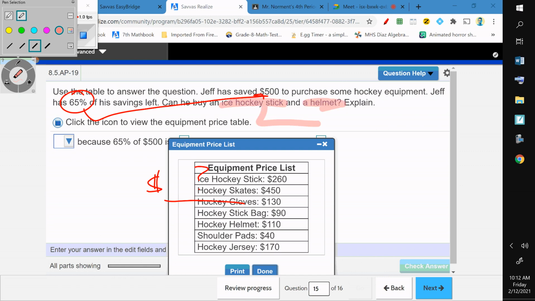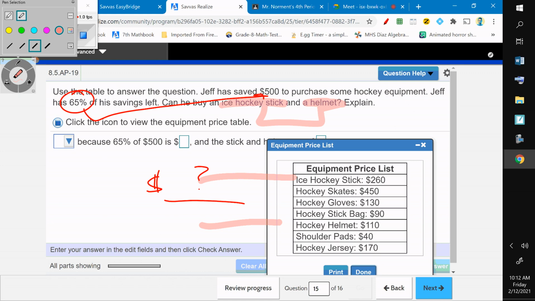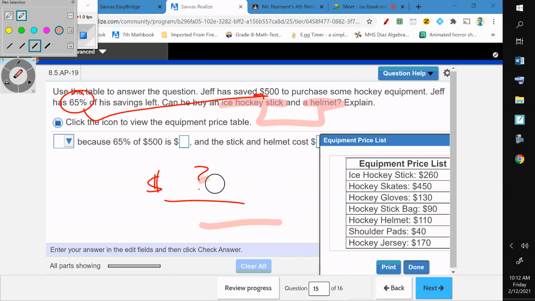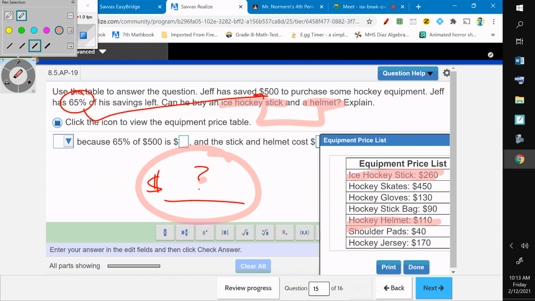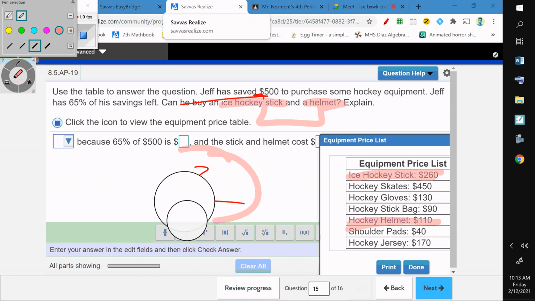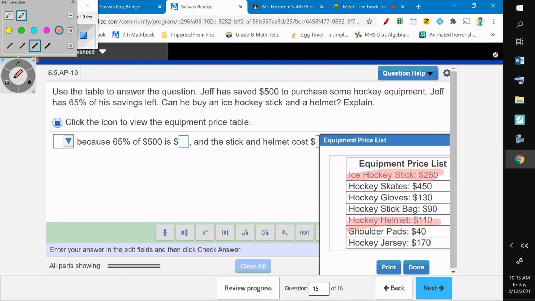You're going to combine those two purchases and see if the money you have here is going to be enough to get the hockey stick and the helmet. And those answers should help you determine what to put here. Okay? And also, the answer does kind of walk you through what to do. And then last question.